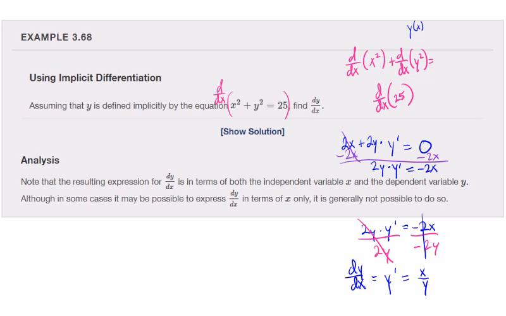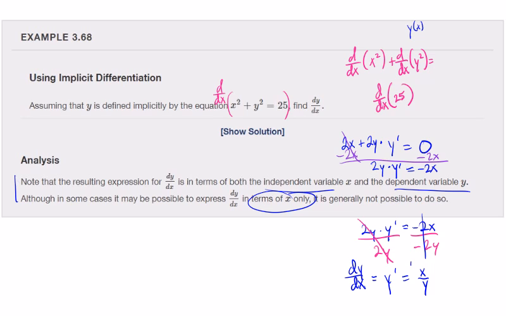This is part of what it's saying here: the answer is in terms of the independent variable and the dependent variable. Sometimes we can get it in terms of only x, but a lot of times it's not possible to do so.